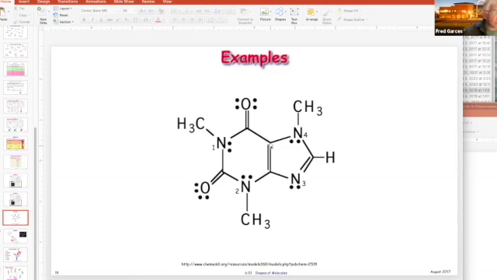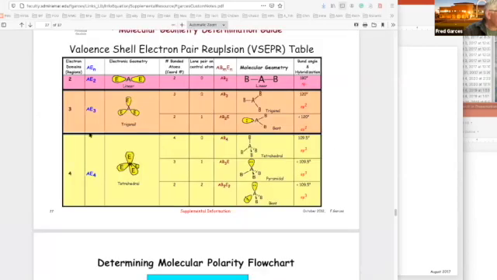Let's count the number of domains. 1, 2, 3. This carbon has 4 bonds. 1, 2, 3, 4. So that's okay. And there are 3 domains. That carbon right there has 3 domains, 3 bonded atoms. That would be trigonal planar around that carbon.